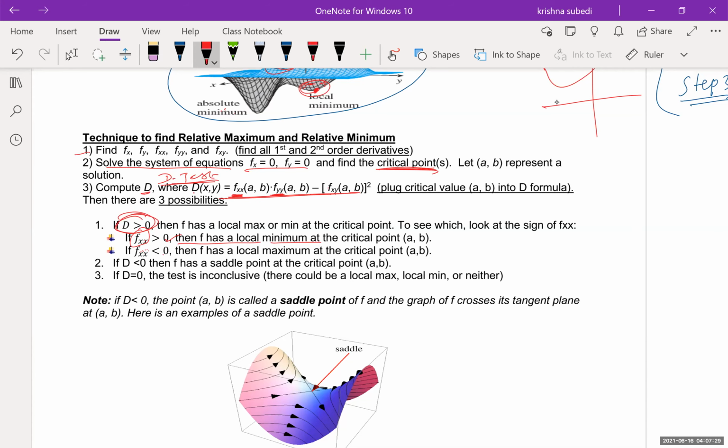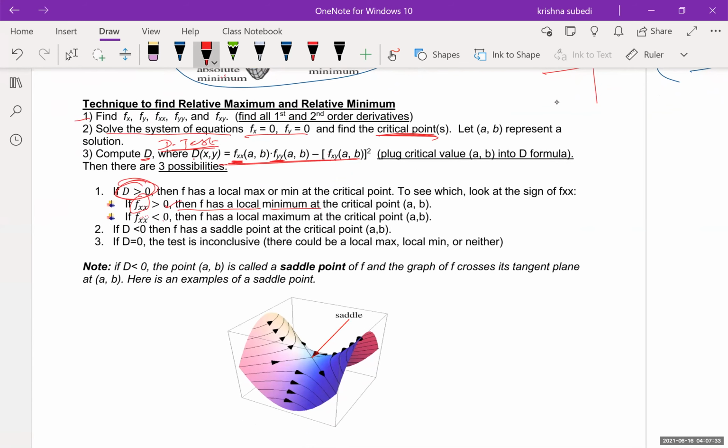Depending on that, we'll figure out which one is maximum and which one is minimum. If D is negative, then we call it a saddle point. And if D equals 0, then we say that the test is inconclusive, so we cannot determine whether that point is a maximum or minimum.